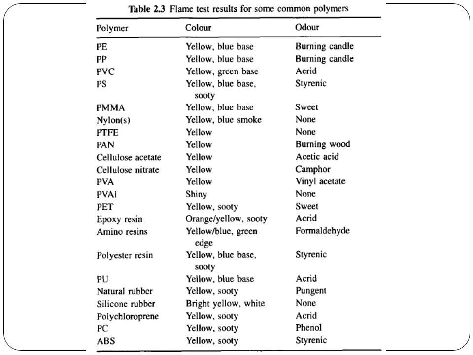The nylons, when they are heated in a flame, produce a yellow flame with blue smoke, and they are odorless. Similarly, there are a number of polymers. So based on the color which is produced in the flame and from the odor, we can identify which type of polymer can be present in the sample.